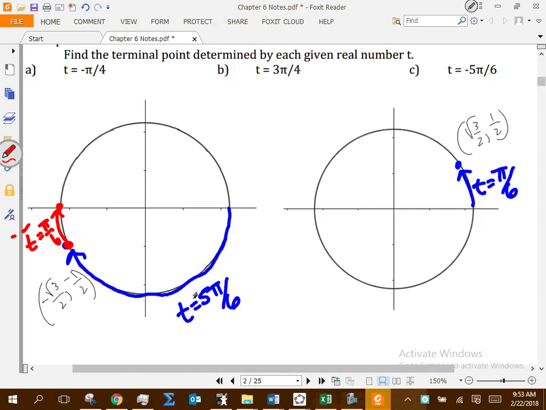So what is our reference of pi over 6? Pi over 6 is that ordered pair. So I know 5 pi over 6 is going to have the exact same ordered pair. But negative 5 pi over 6 shows up in what quadrant? The third quadrant. And that's what allows me to then adjust the plus or minuses of those two things. Is that okay? All right.